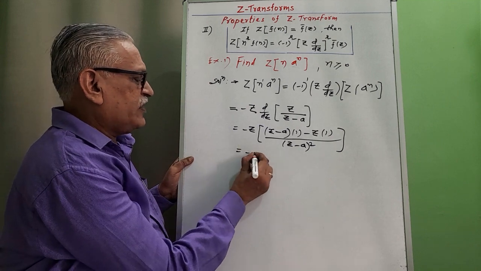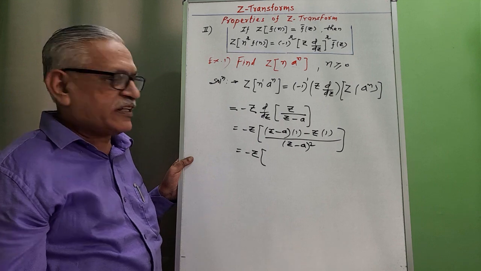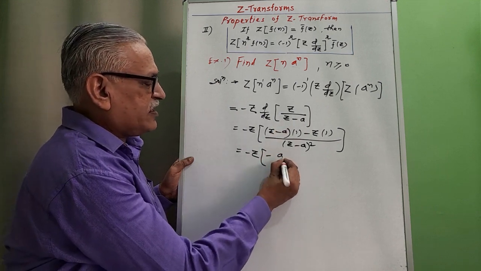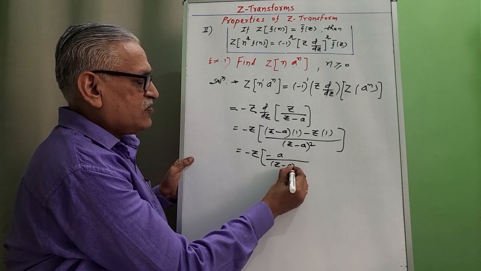Simplifying, we get minus z into z minus z cancelled. We have minus a divided by z minus a whole square.